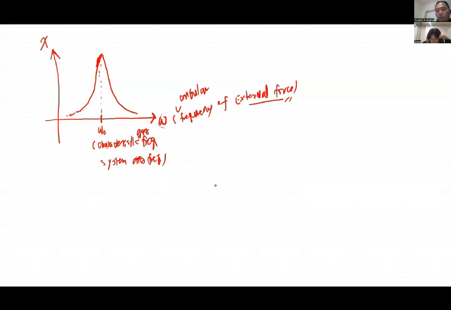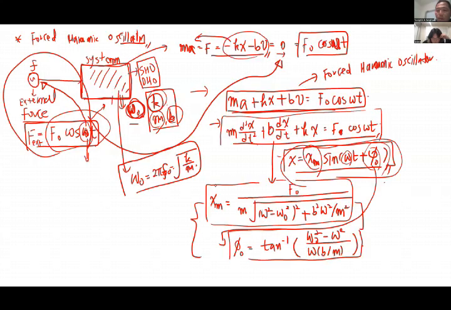Just take a look at this formula. If omega is the same as omega naught, then the first term inside the square root equals 0, and you only have the second term. Because the first term is 0, the inside of the square root is minimized, which makes the whole amplitude maximized.